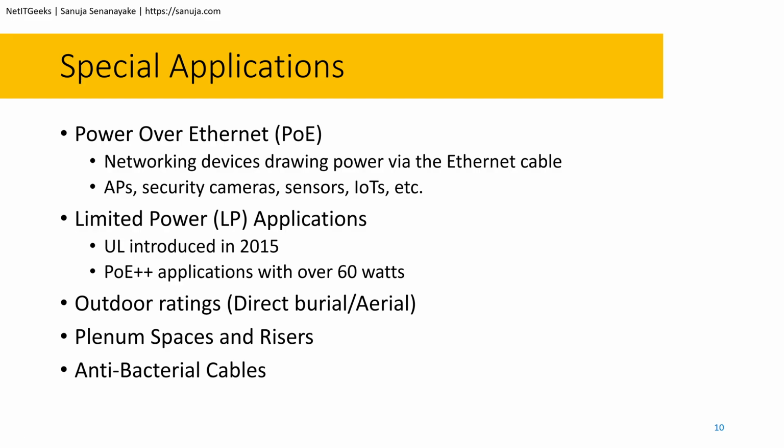And finally, the antibacterial cables. Not a very popular cable, but this type of cable is also in use in specific situations. For example, if I am installing exposed cables in, let's say, a hospital environment, or a biomedical or chemical laboratory research environment, my customer may ask me to install antibacterial type cables.